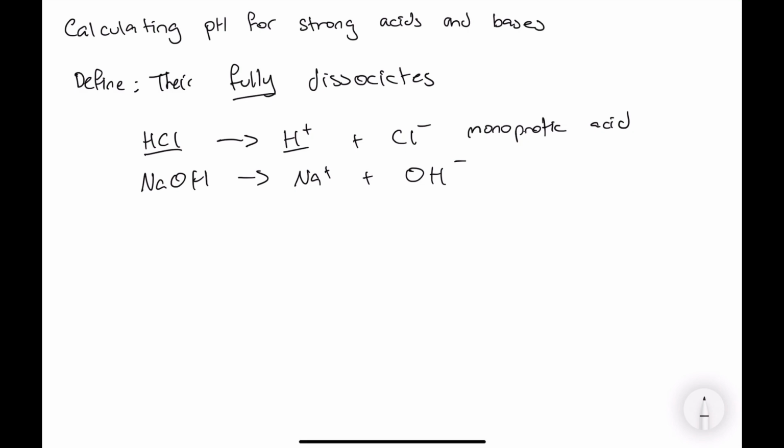But there's also a diprotic acid like H2SO4 that fully dissociates to two hydrogen ions. So it's diprotic. And this is all you need to know before we get right into the equations and formulas.